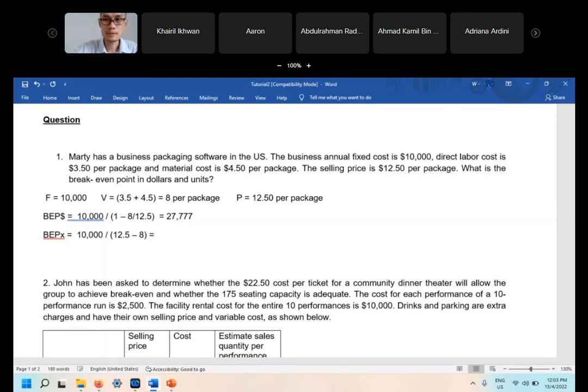Anyone want to share the answer? 2,222. Okay, I think it's correct. 2,222 units, units of package.